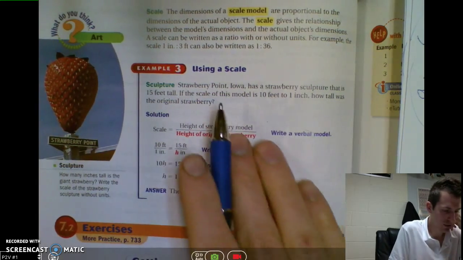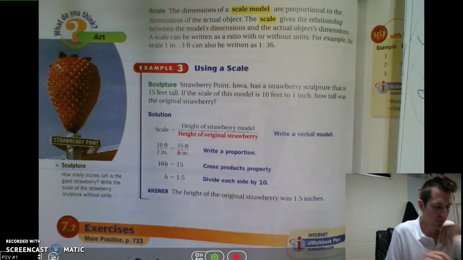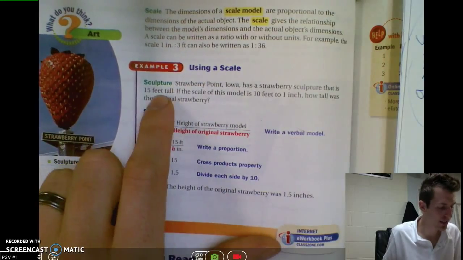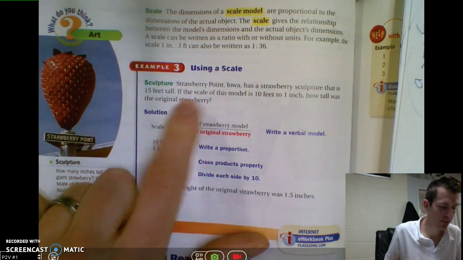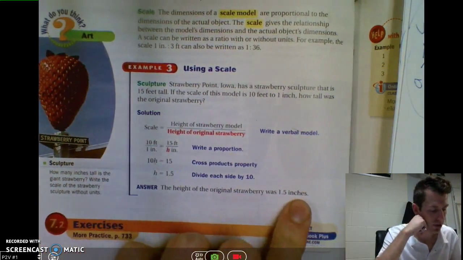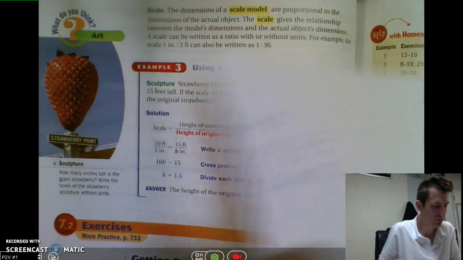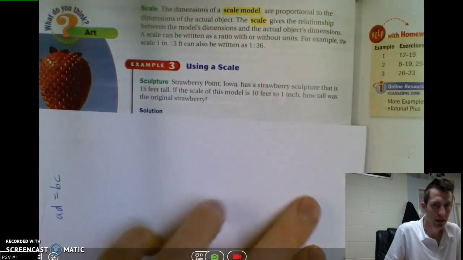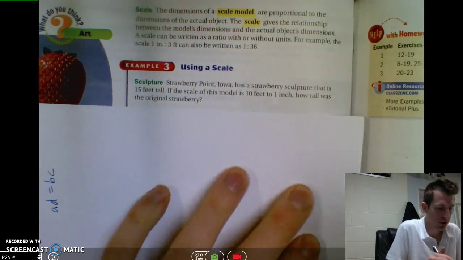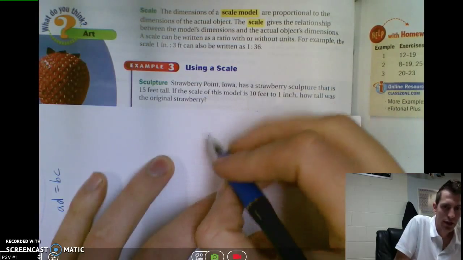All right, so let's look at this. Strawberry Point, Iowa has a strawberry sculpture that is 15 feet tall. If the scale of this model is 10 feet to 1 inch, how tall was the original strawberry? Okay, let's use our own heads for a second before looking into the book's head.